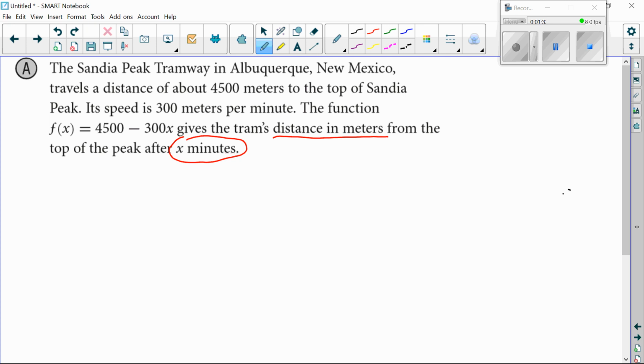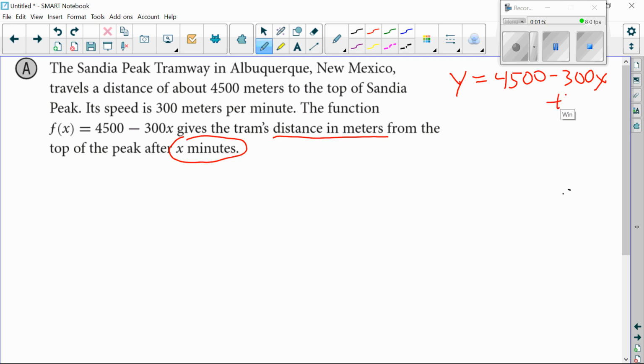in standard form. So I have f of x is equal to 4,500 minus 300x. I'm going to change the f of x to y so it looks like what we've been seeing already. So y is equal to 4,500 minus 300x. Next, I'm going to solve for the number.